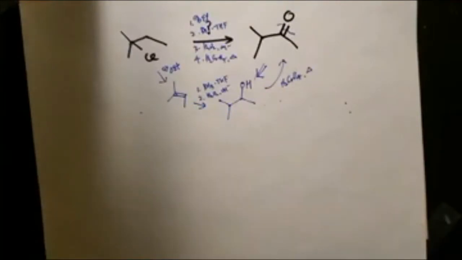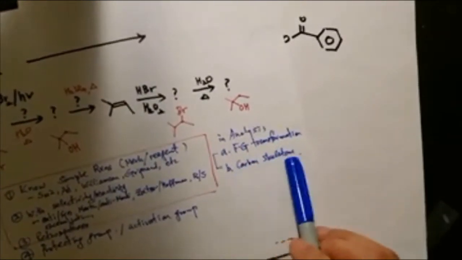So let's try another example. In this example also, you have a reactant and the product. And you can see it's not a simple functional group transformation, right? You added more carbons over here.